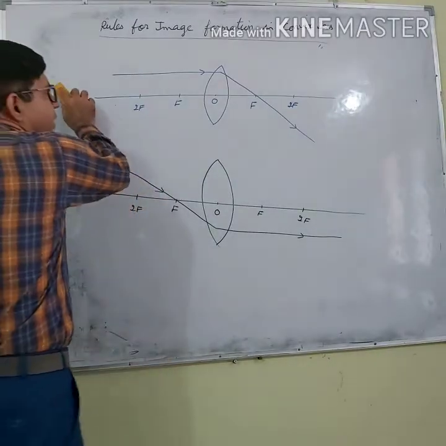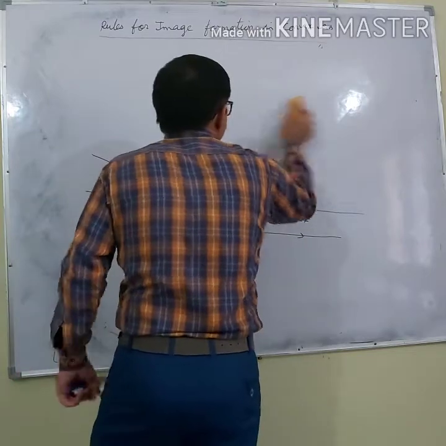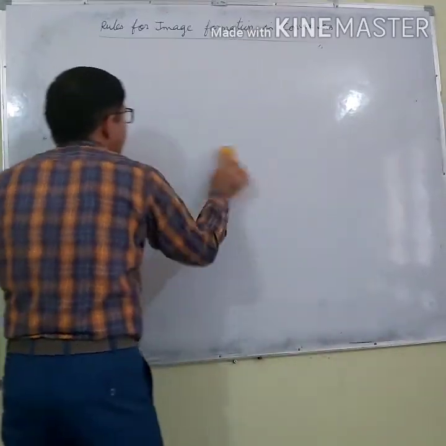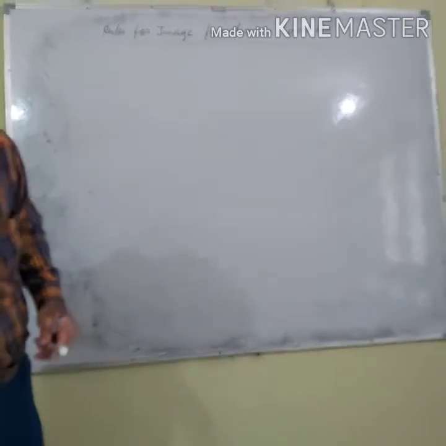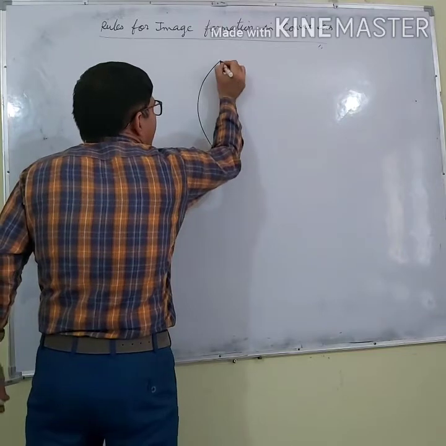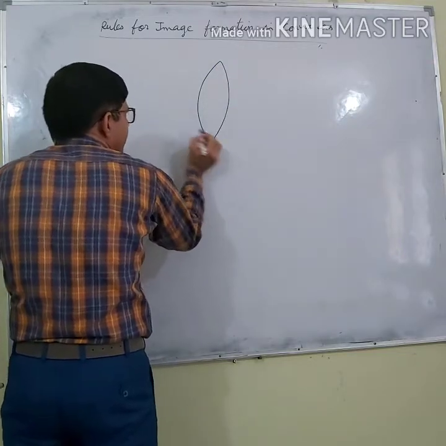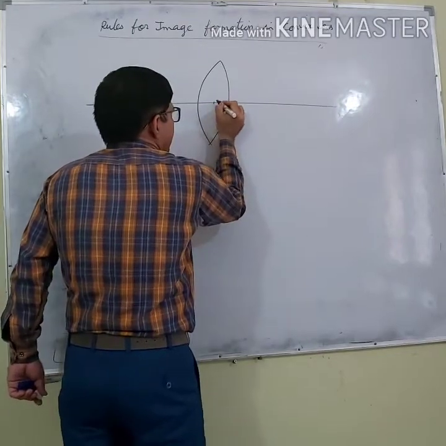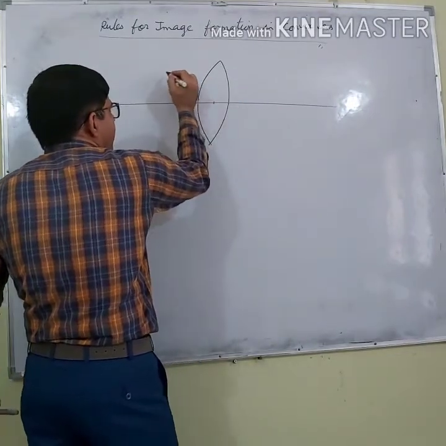And what is the third rule? In the third rule, let us say we are having a convex lens, and this line is principal axis and this point is optical center.